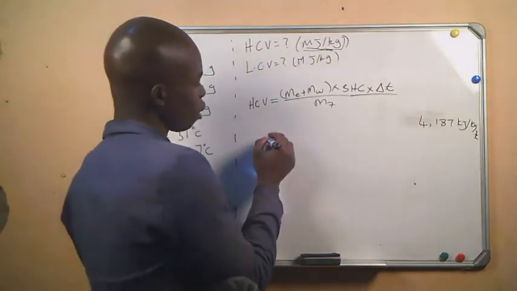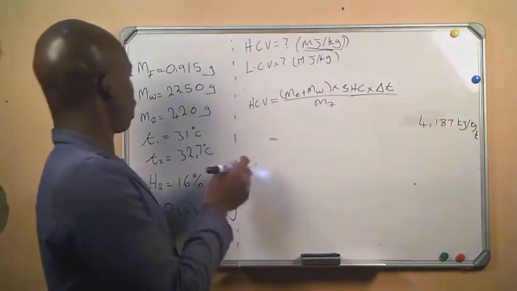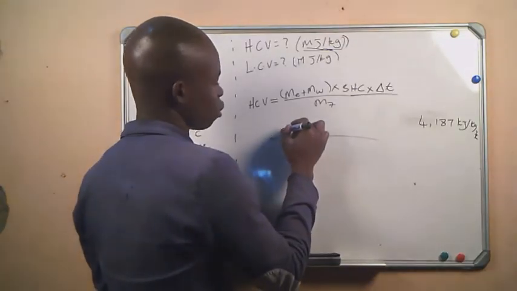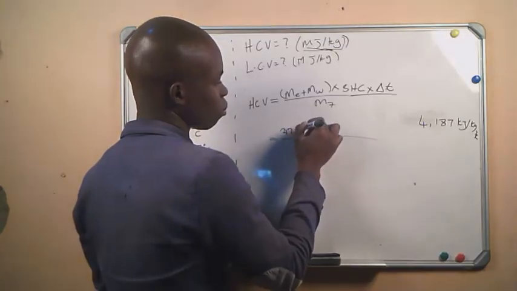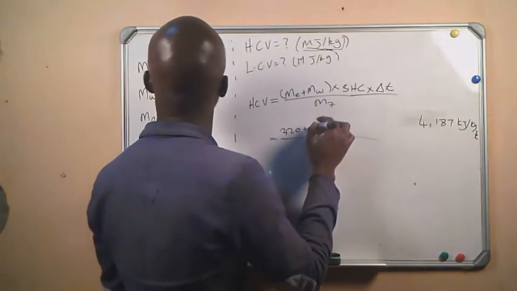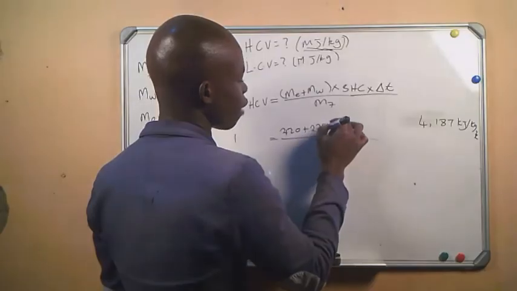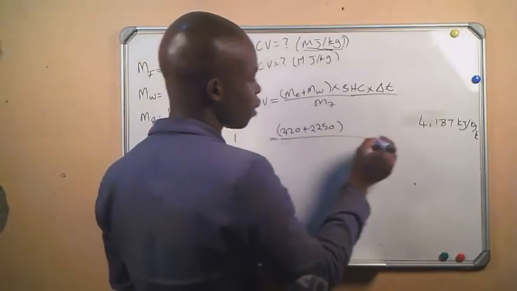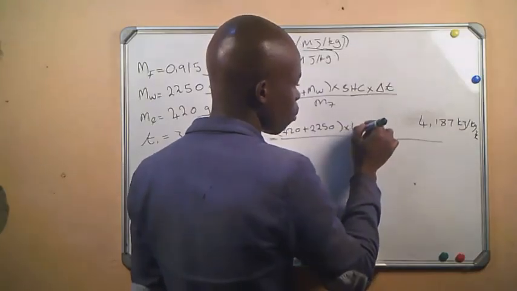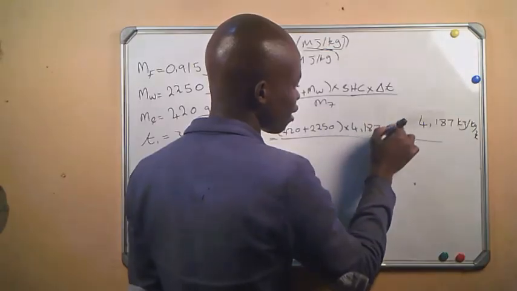So we substitute our ME. That's 2, plus our mass of water, which is 250. Then our specific heat capacity is 4.187.